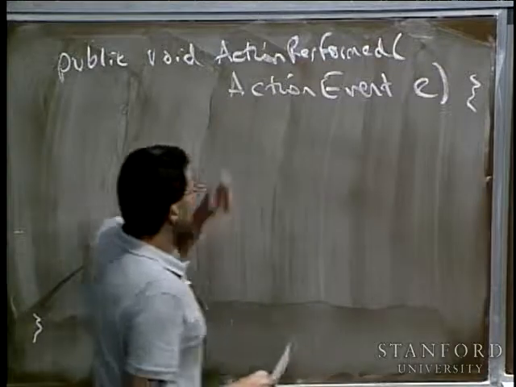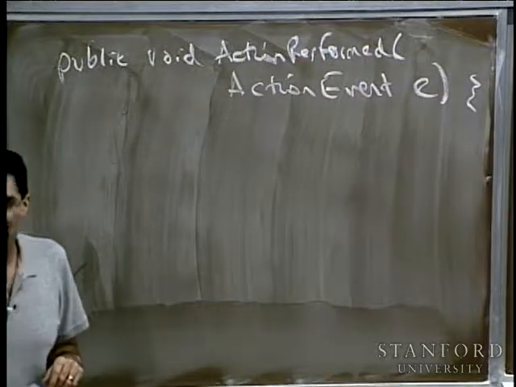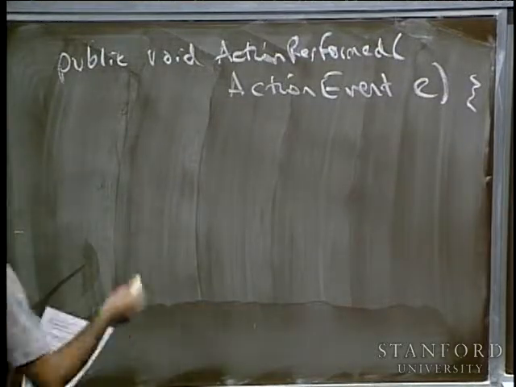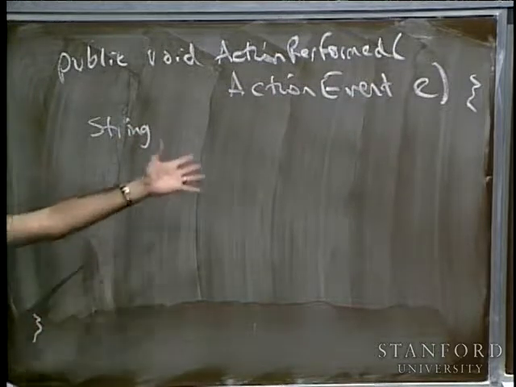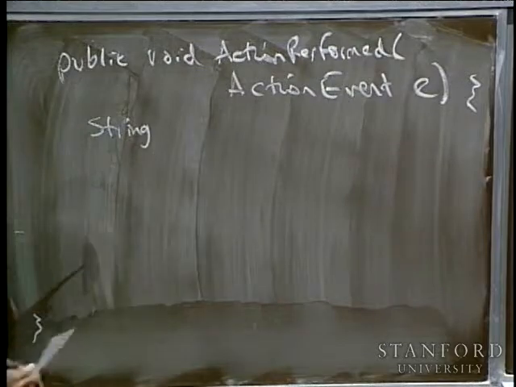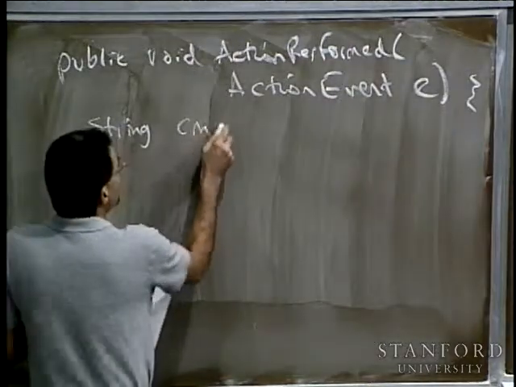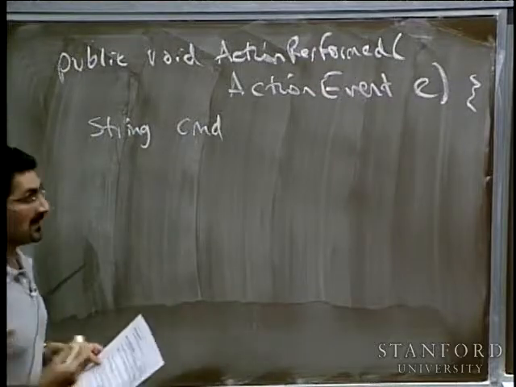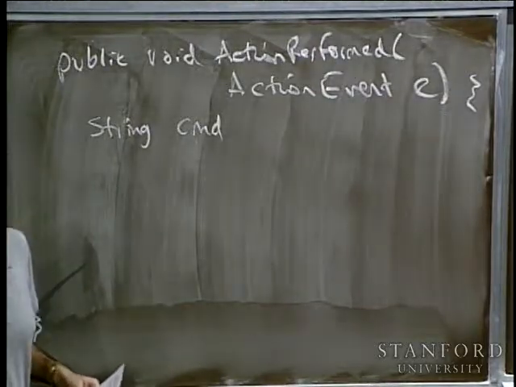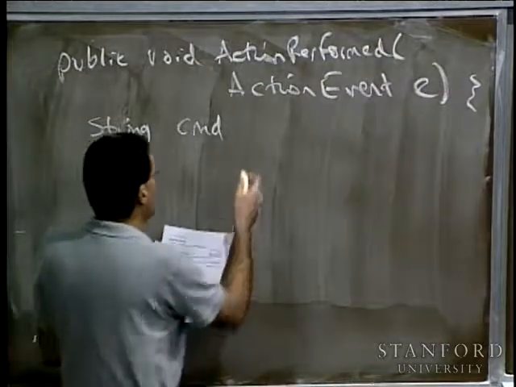Now, when we got this action event, we said there was one main thing you could do with it, and you could figure out which command was the thing that caused this action event to be generated. I want to pull out as a string, and I'll just call it CMD for command, the command or the name of the interactor that caused this action performed method to be called.